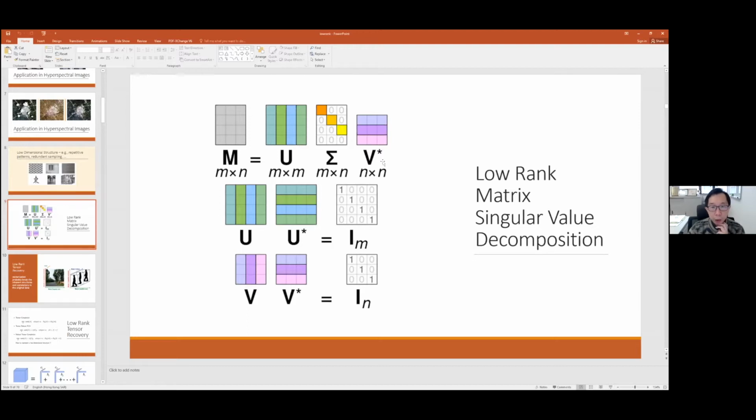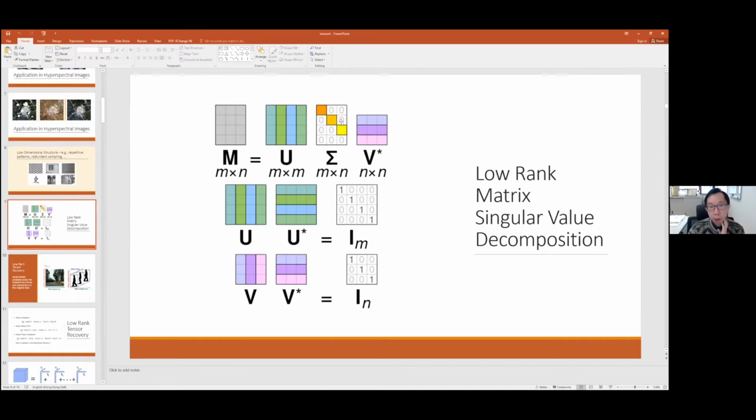U and V are orthogonal or unitary matrices, and sigma has a diagonal form. This is very nice because U and V are unitary or orthogonal, depending on whether real or complex. In this case, you can minimize the redundancy in the representation.